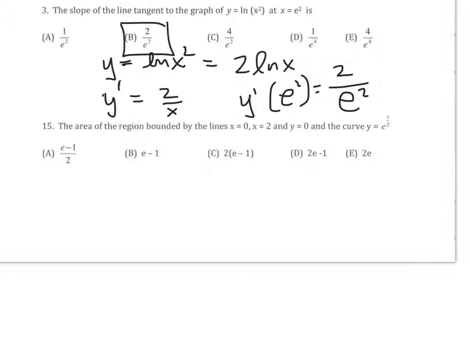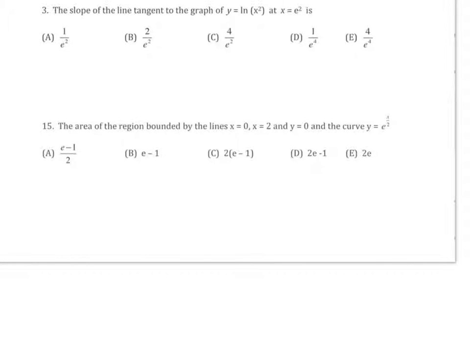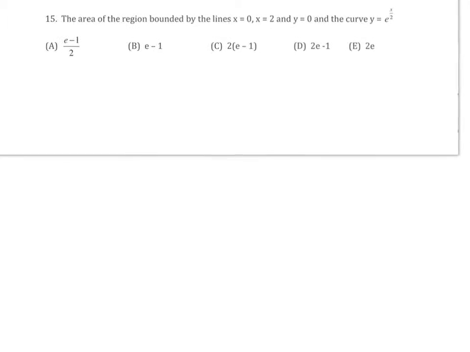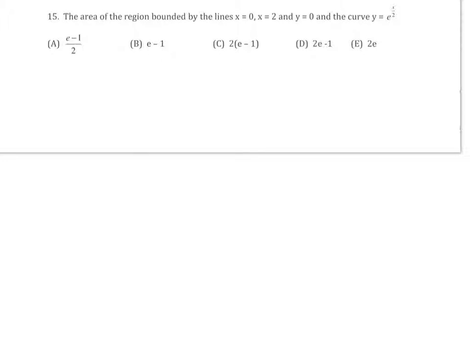15, the area of the region bounded by the lines. Okay, we just need to graph that. X equals 0, x equals 2, and y equals e to the 1/2 x, I guess you would say. Still exponential growth of some sort.